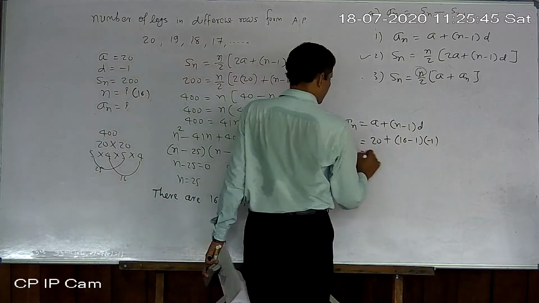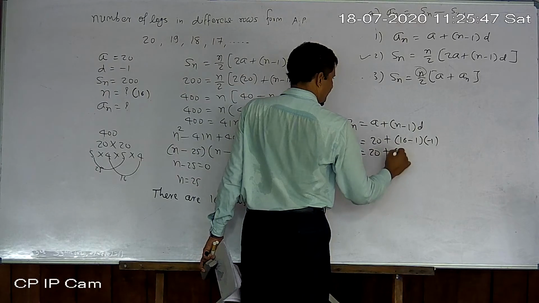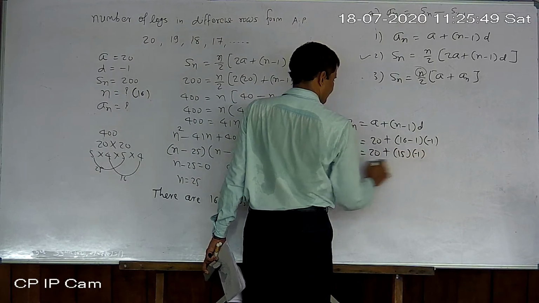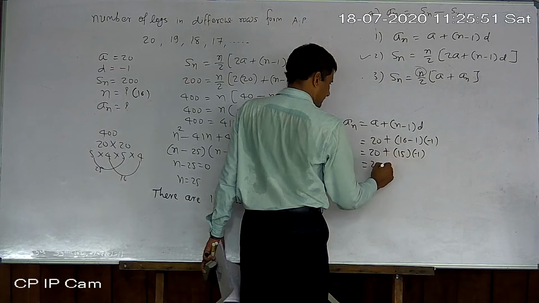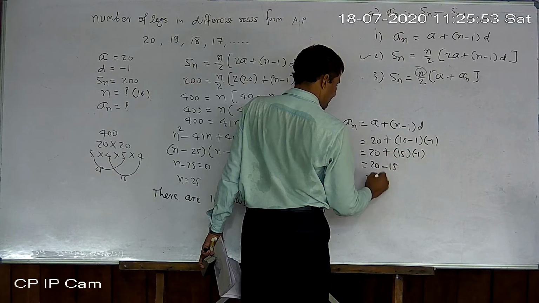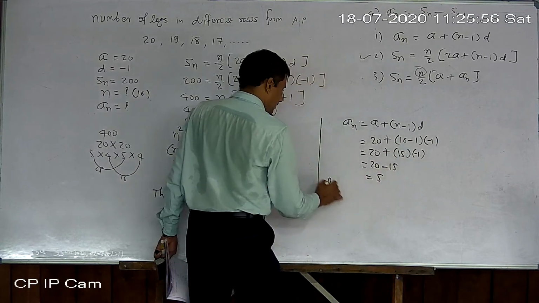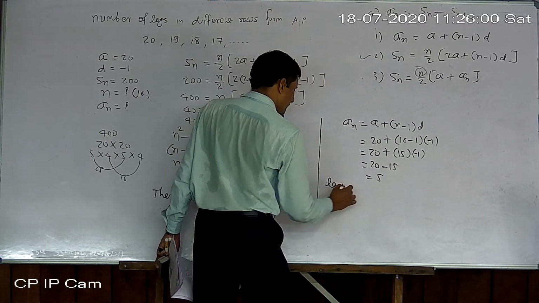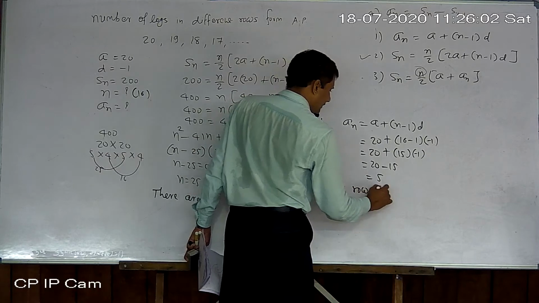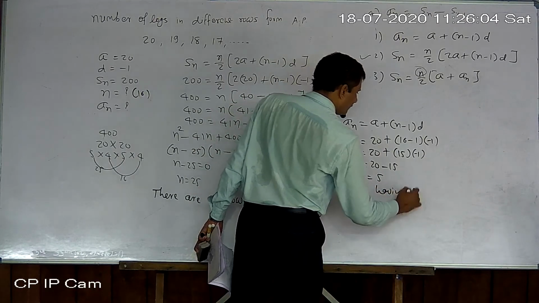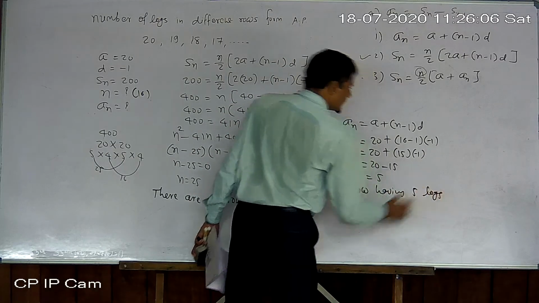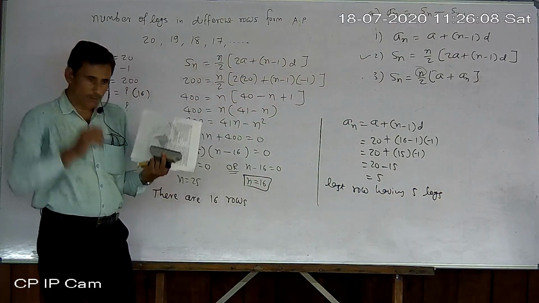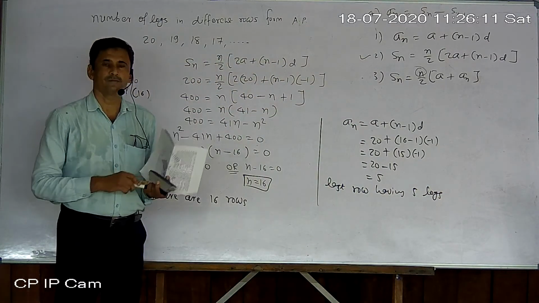So now it is 20, 15 minus 1. So 20 plus minus 15. So the last row has 5 logs. Write down, the last row having 5 logs. In the top row only 5 logs will be there.